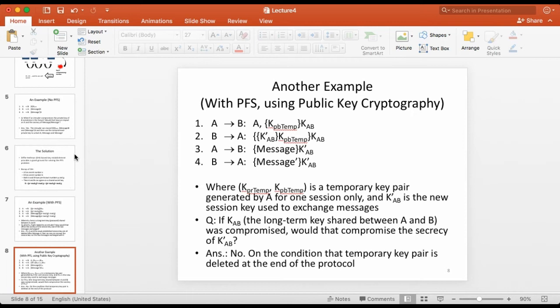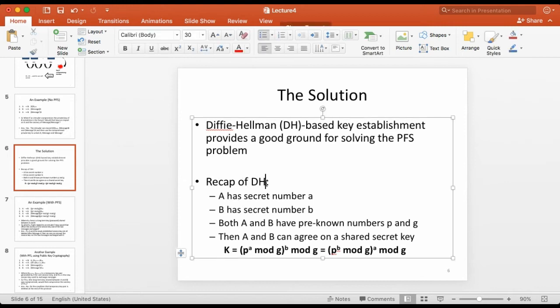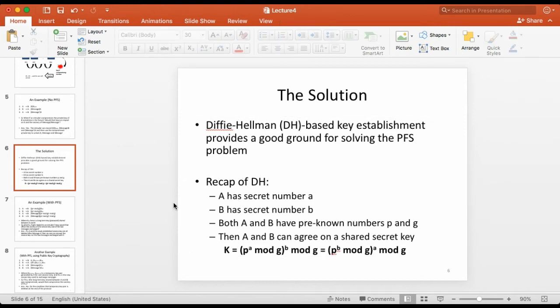So, what is the solution to that? The first proposal for solving that is using the Diffie-Hellman key agreement protocol, or calculation, as we covered it in the last lecture. So remember, Diffie-Hellman was a very simple protocol.